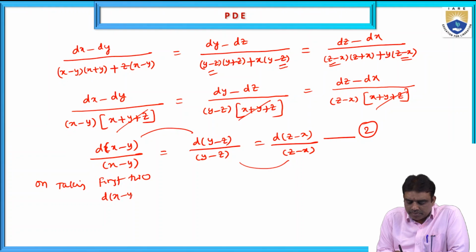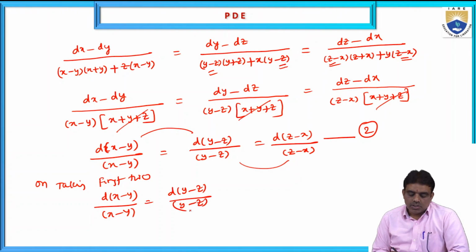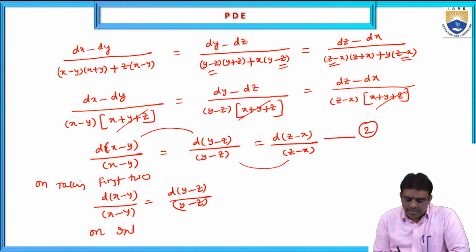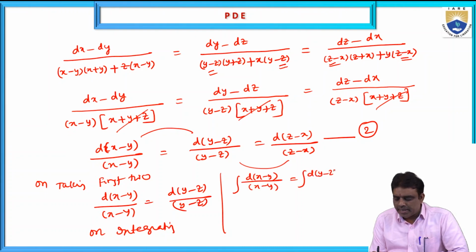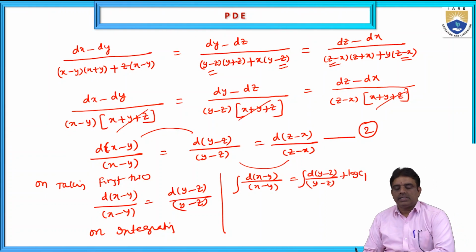d of x minus y by x minus y is equal to d of y minus z by y minus z. So on integrating, what will you get? Integral d of x minus y by x minus y is equal to integral d of y minus z by y minus z plus log c1, where c1 is the integrating constant.